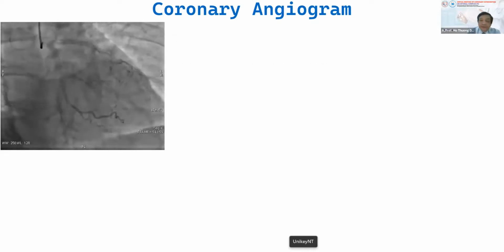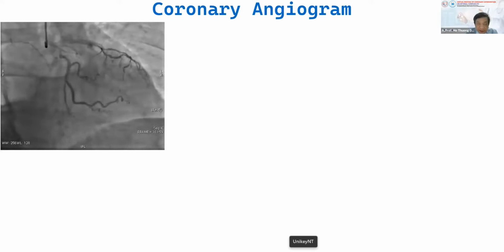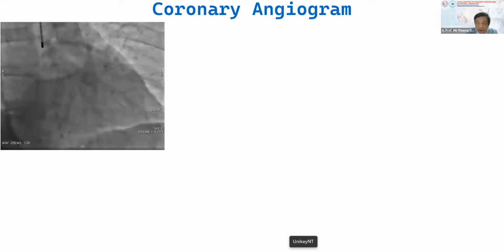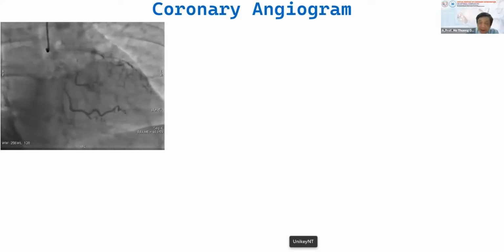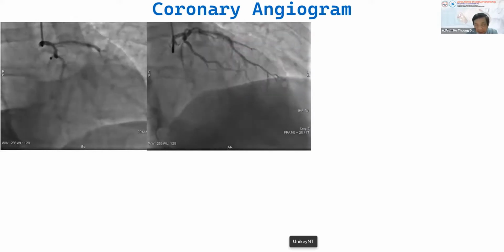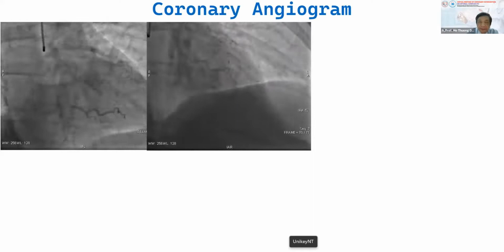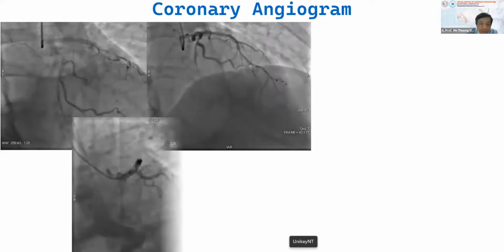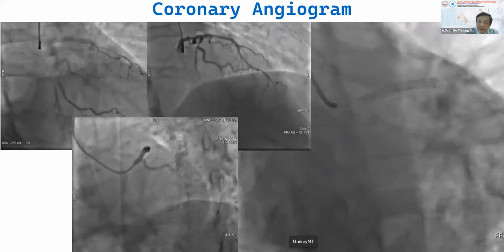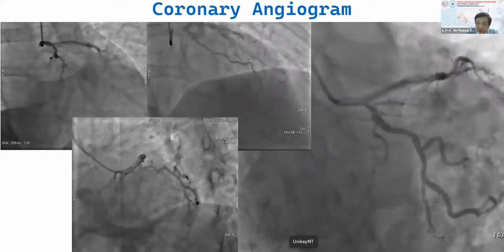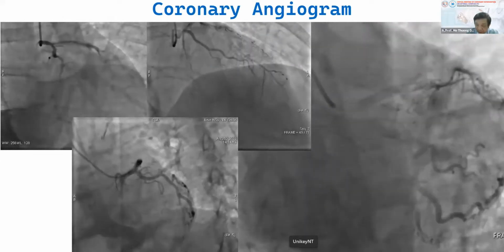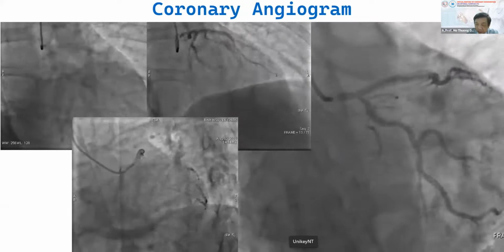And about the left main, we can see the first stenosis at the distal left main, involving the ostium of LAD and circumflex. And we can see one stent from the ostium to the proximal segment of the LAD has in-stent restenosis. You can see here very clearly, a stent covering from the ostium to the proximal segment of the LAD, in combination with distal left main disease involving the ostium of LAD and circumflex.